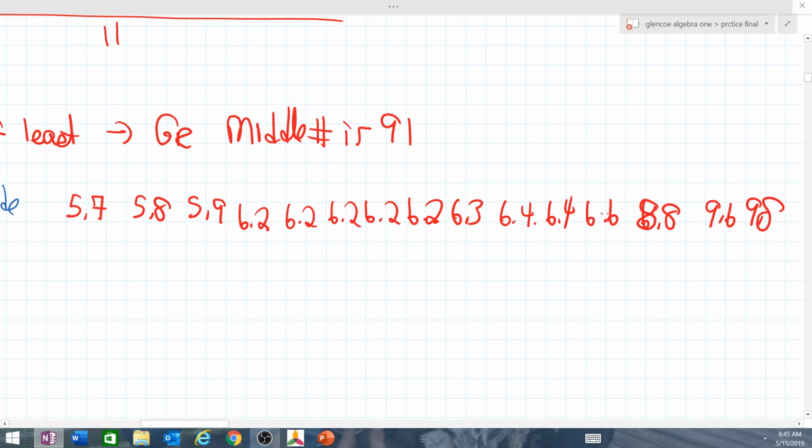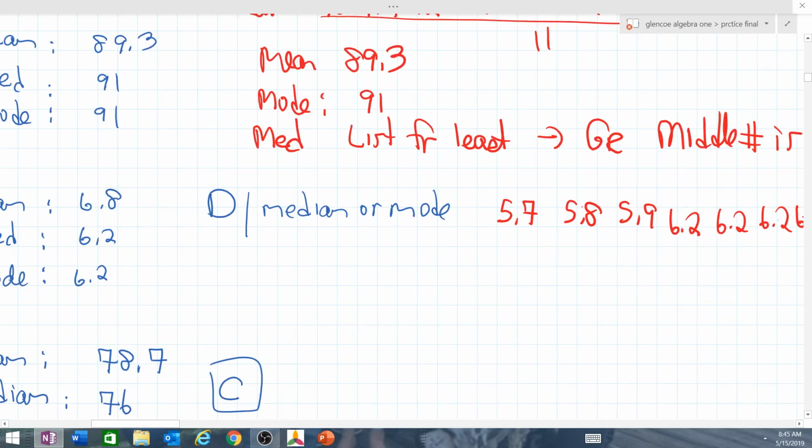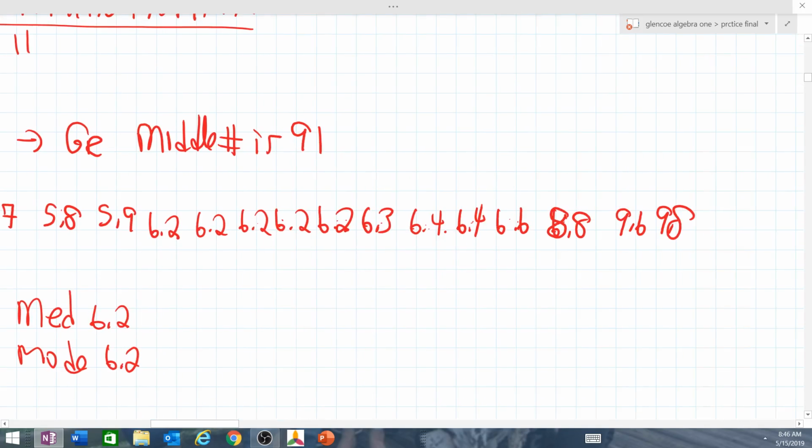That's 15 numbers. So the median here, or your middle number, is 6.2. Your mode is the number that appears the most, which is 6.2 because it appears 5 times.